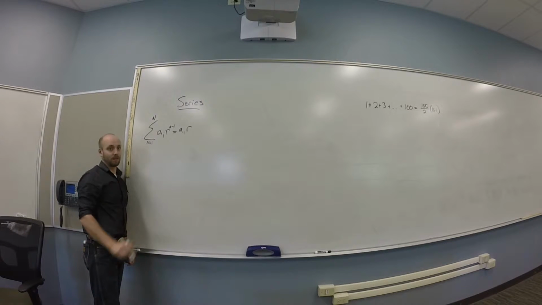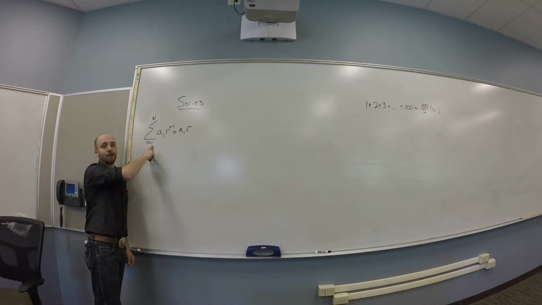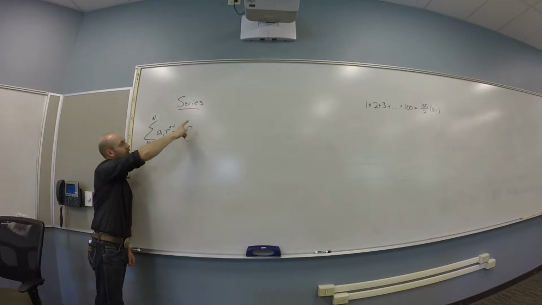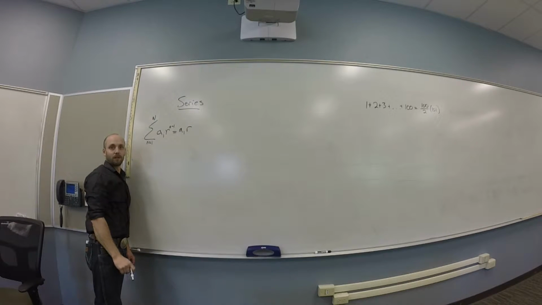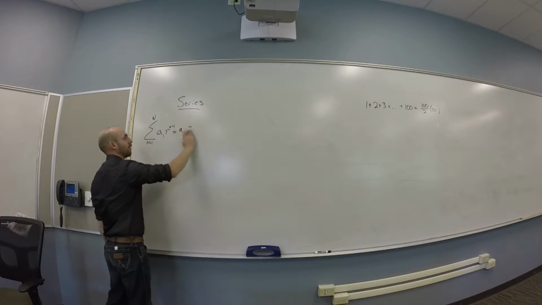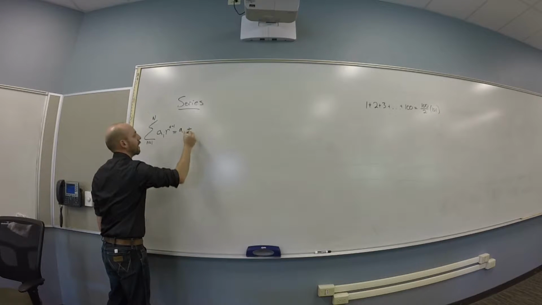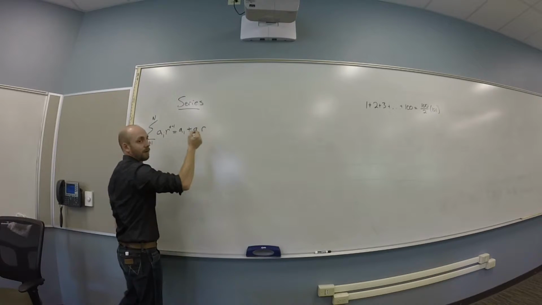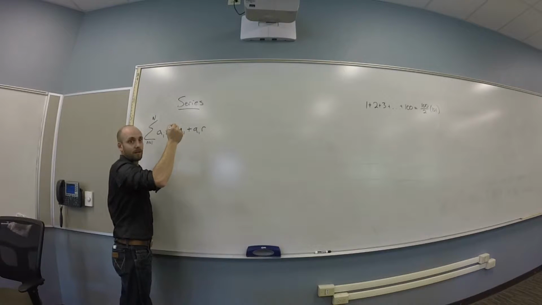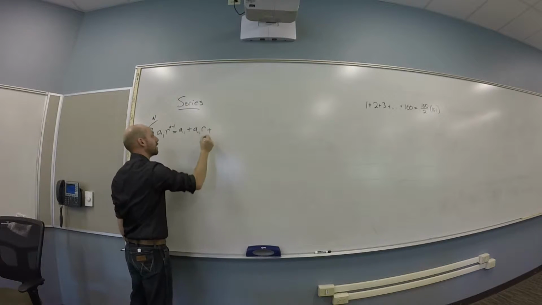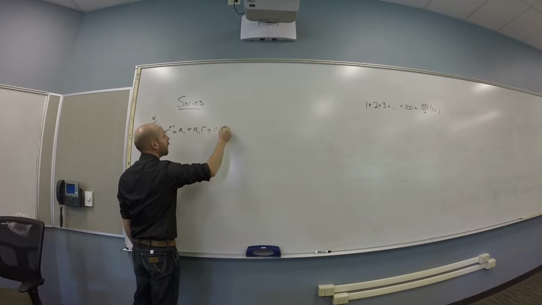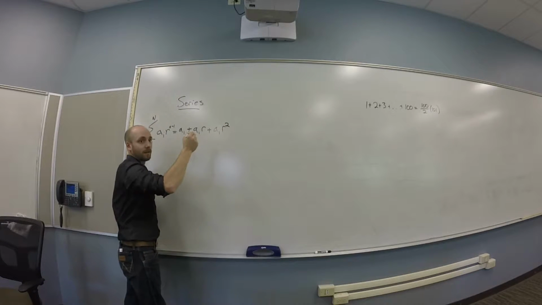The first thing, a_1, starts at n is 1, right? So that'd be a_1 r to the 0, so I don't really need to write that one. And then I want to add a_1 r to the 1. Okay, leave that. Then I want to add a_1 r squared, right?